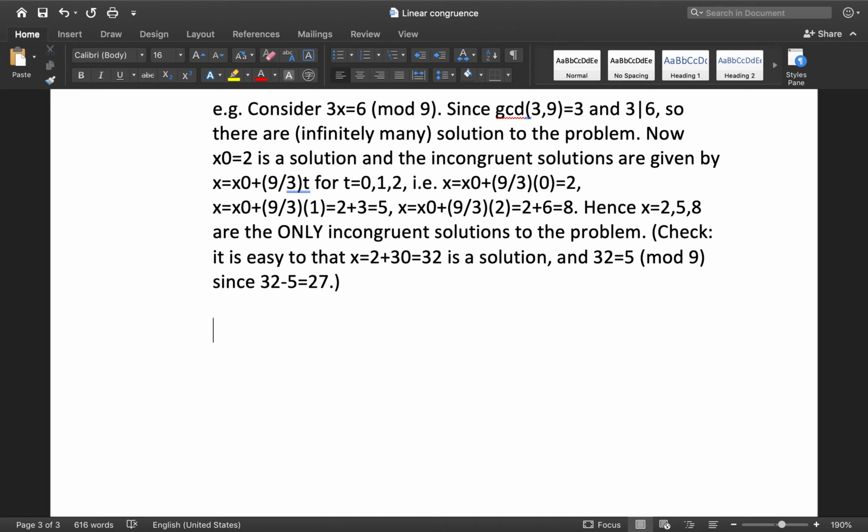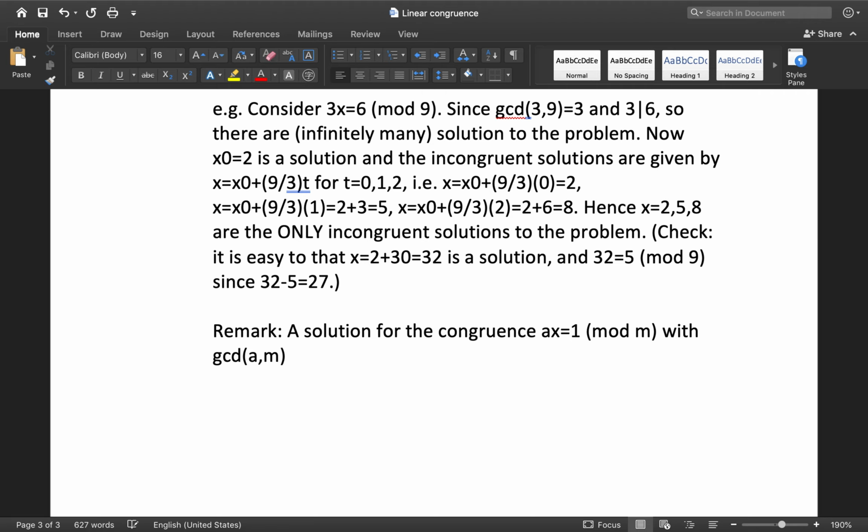Now before the end of the video, let me just give you a very special case, as a remark. If you have a solution for the congruence relation ax congruent to 1 modulo m, with, of course, the GCD requirement that GCD of a and m equal to 1, this solution has a special name.